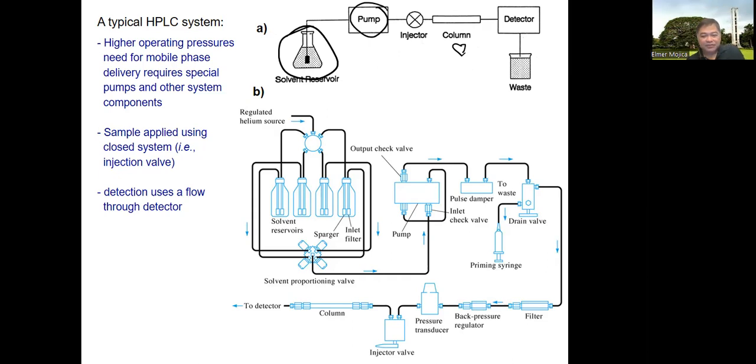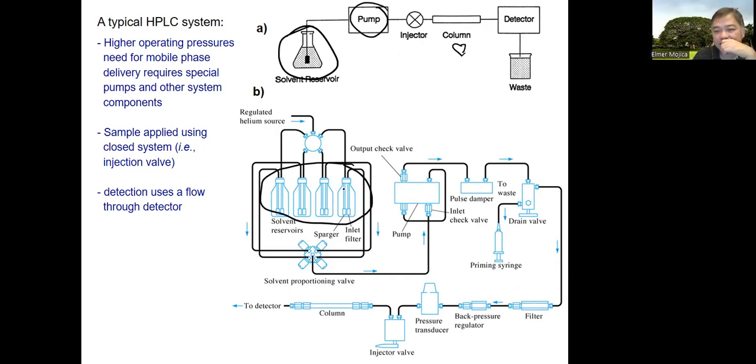For HPLC, usually you have a high operating pressure. You need it for the mobile phase to be delivered to the system. Now the sample is applied using a closed system, you have an injection valve, and the detection uses a flow-through detector. So if you look at this, there are different solvent bottles.